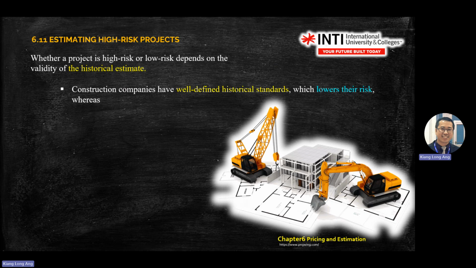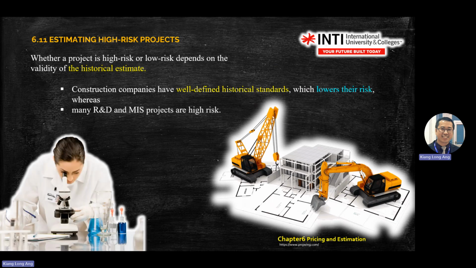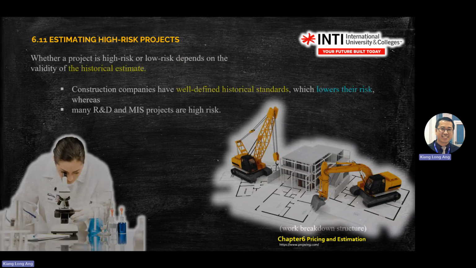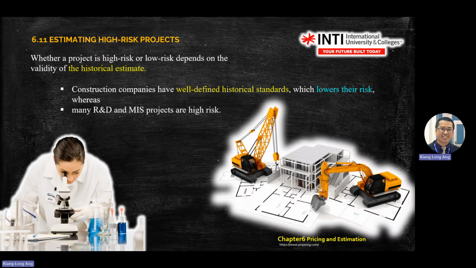Okay. So historical, this is estimating high risk projects. How you know whether it's high risk or low risk depends on the historical estimate. A construction company can have very good historical standards, which lower their risk, compared to R&D, which is quite high risk because R&D is a new, unknown area, or you need to design something new.